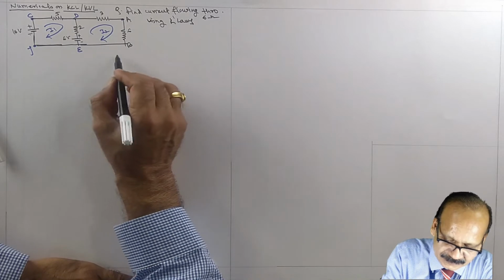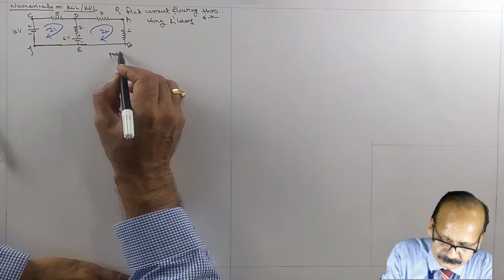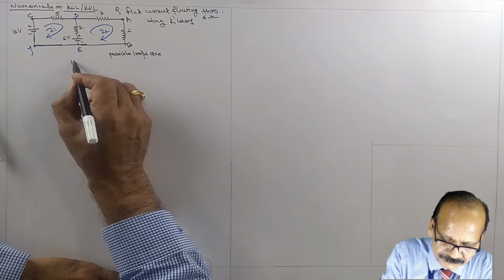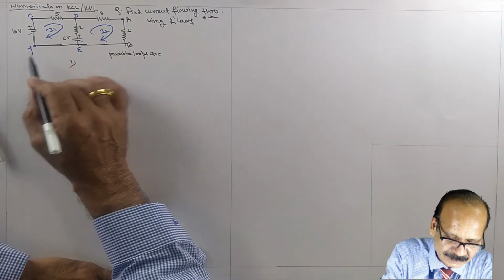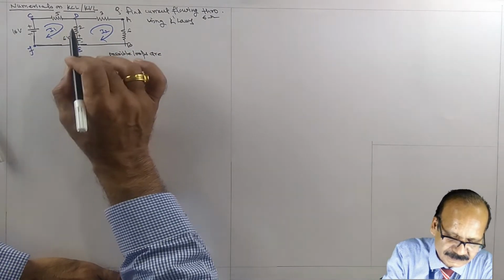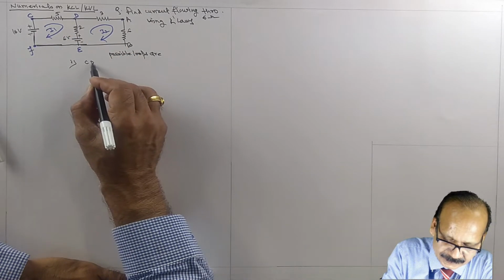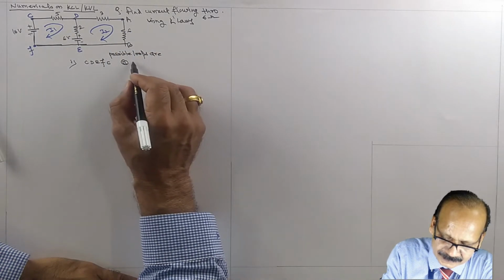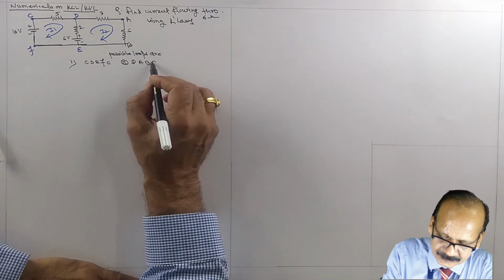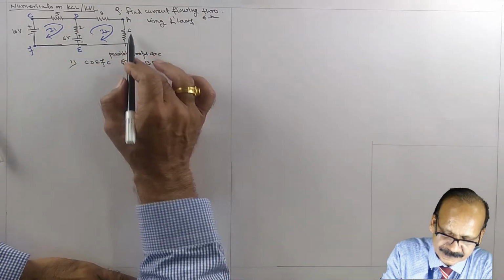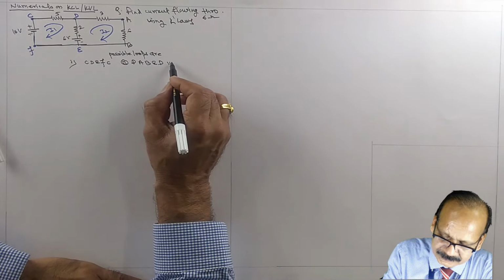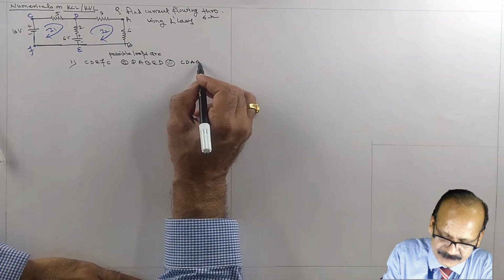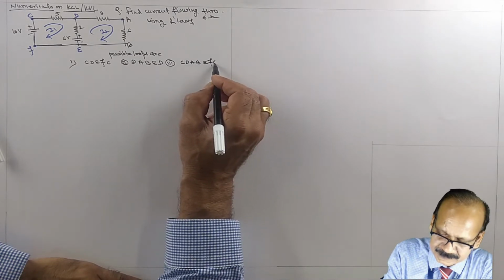So what are the possible loops? First CDEFC, second DABED, and third one is the totally outer loop, that is CDABEFC.